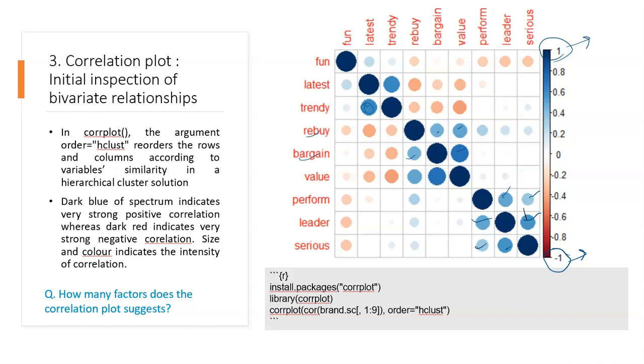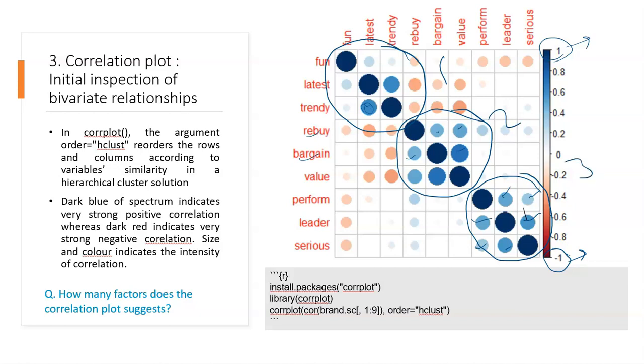So we can see that these three variables have some correlation, and these three have some correlation, and these three have some correlation. So how many factors does a correlation plot suggest? The initial inspection gives us 3 factors that this correlation plot suggests.